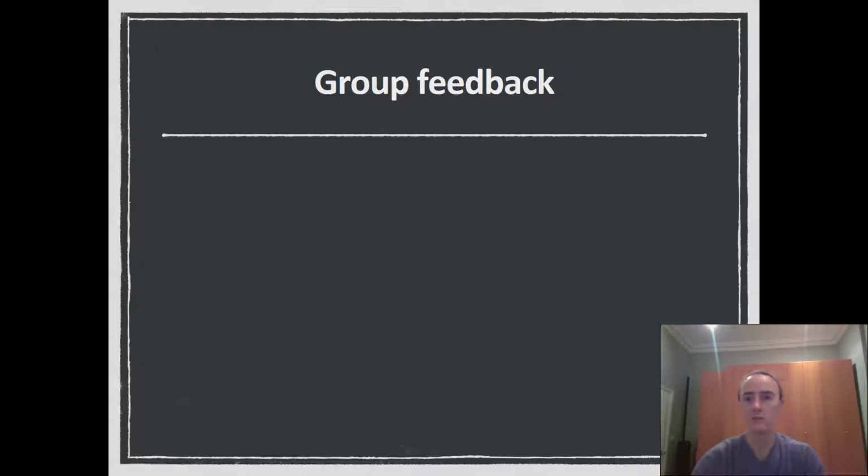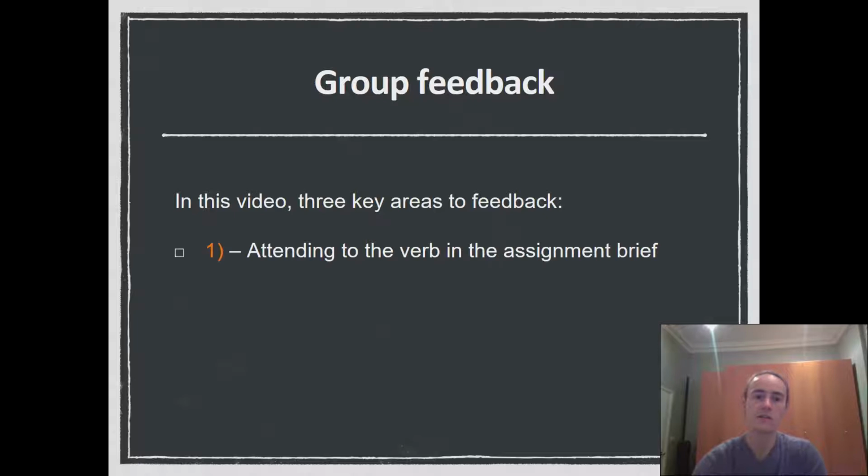Cool. So having read through everyone's pieces and generated my specific feedback for people, I've found three key things that have cropped up as common trends. Firstly, there's the quite difficult skill of how to speak directly to the key verbs within each assignment brief.